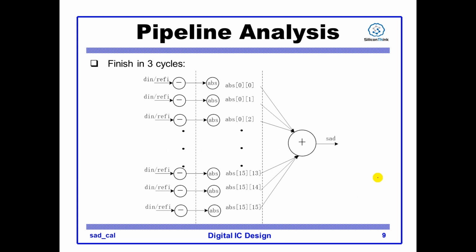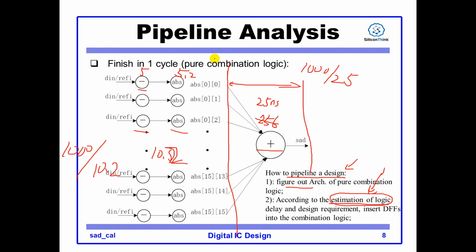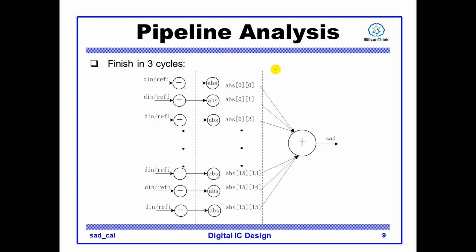Okay, let's try to pipeline this design. So the first solution is, we don't think pure combination logic is a good solution for high-speed design. So how about two stages of pipeline? We just finish it in 3 cycles. Insert 2 stages of pipe registers.